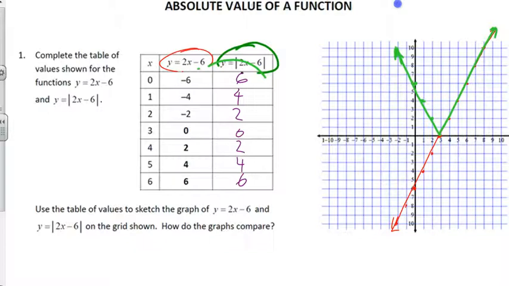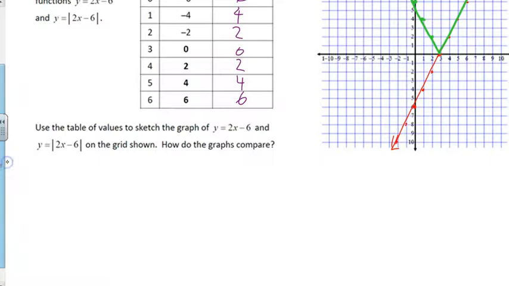Okay, so let's write something like that. So when x is greater than 3, they are the same.